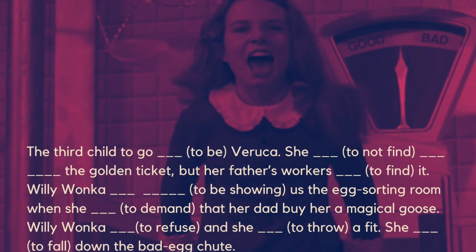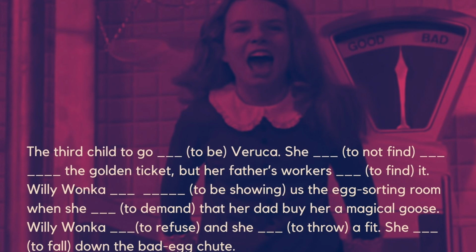The third child to go to be Veruca. She to not find the golden ticket, but her father's workers to find it.